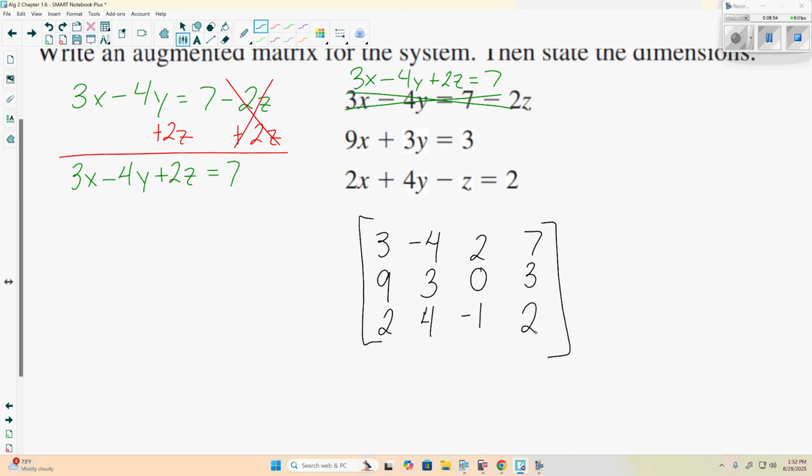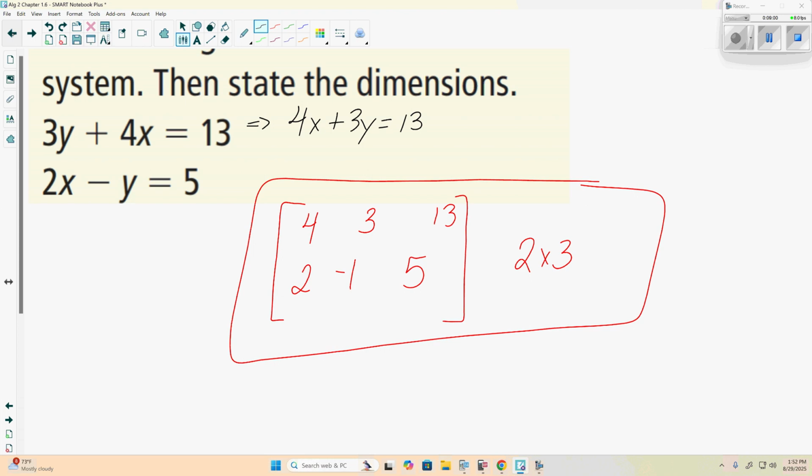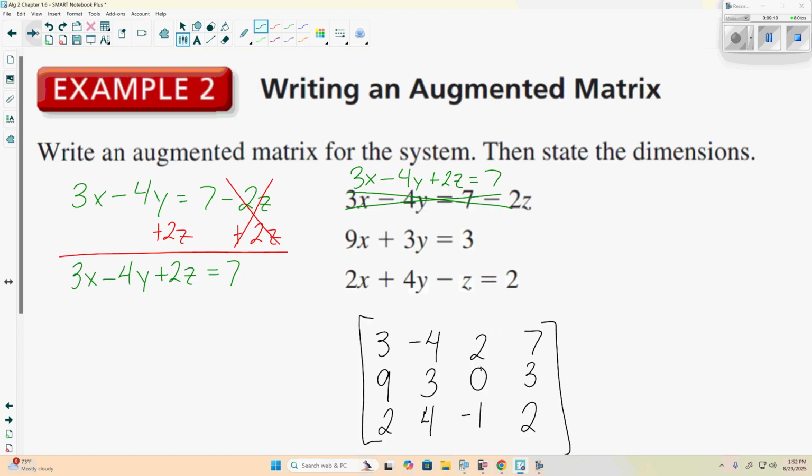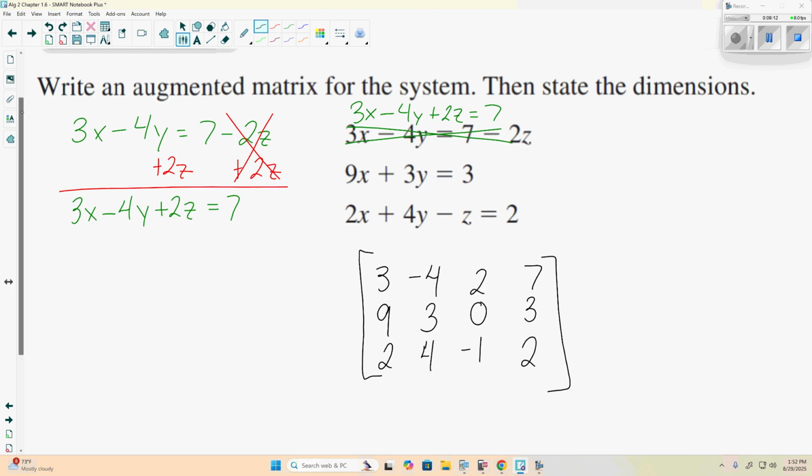If one of the equations has it, the rest have to have it as well. Even if we look back at the one before, these only are in xy. There is no z, so we do not list it. And the dimensions would be 3 rows by 4 columns, so 3 by 4.